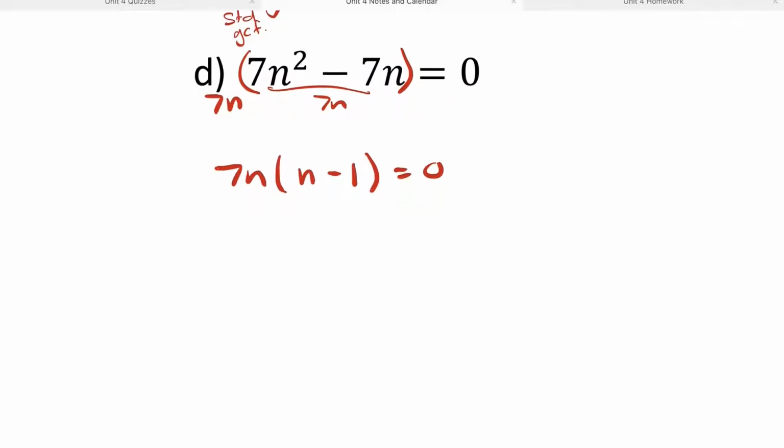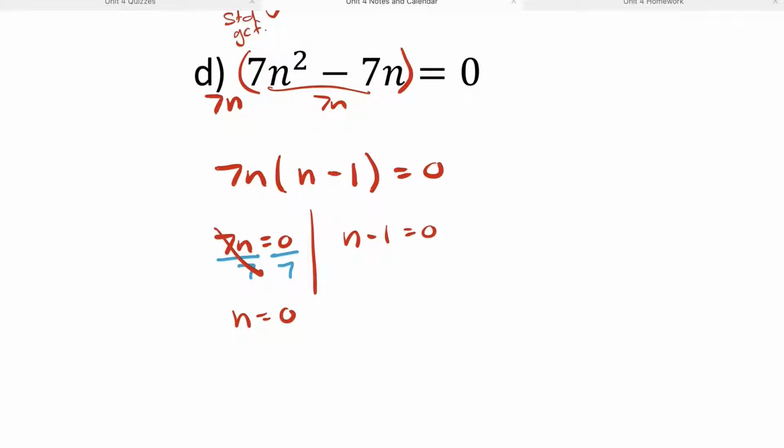So we need to set each factor equal to 0. So we could do 7n equals 0, and we could do n minus 1 equals 0. And then to get n by itself on the left side, we'd divide both sides by 7. That would leave us with n equals 0. 0 divided by 7 is just 0.